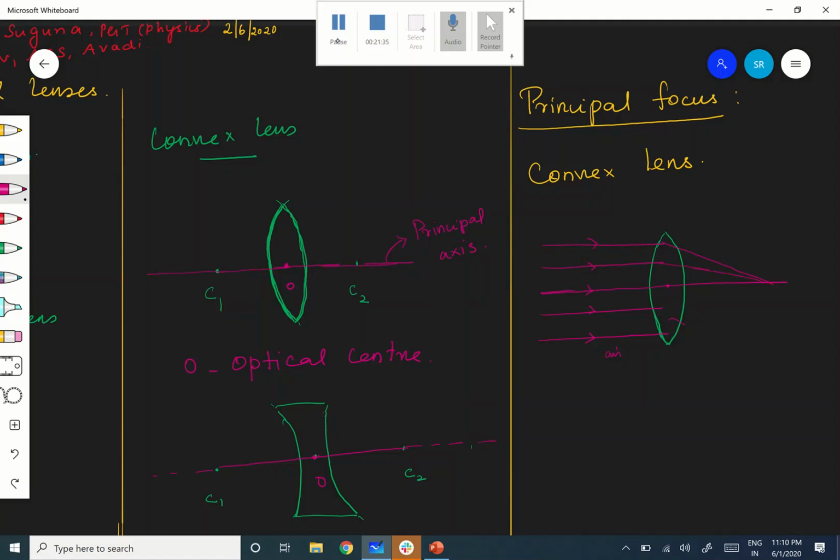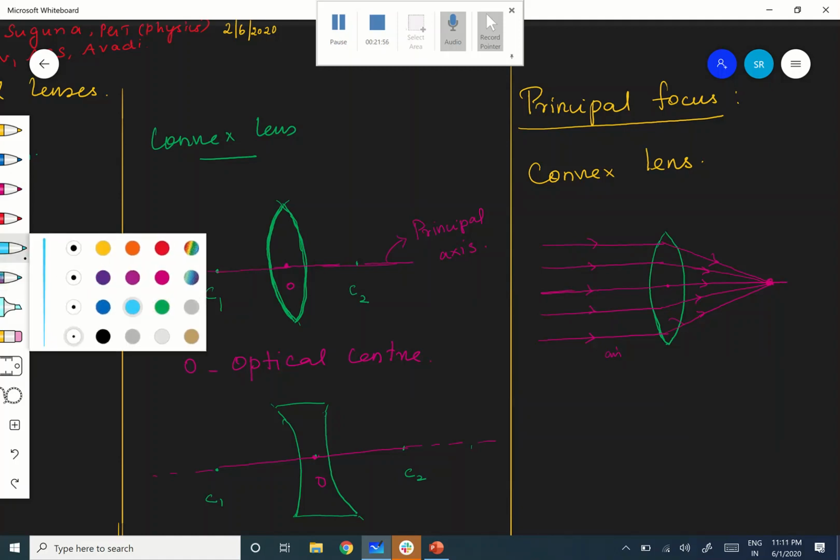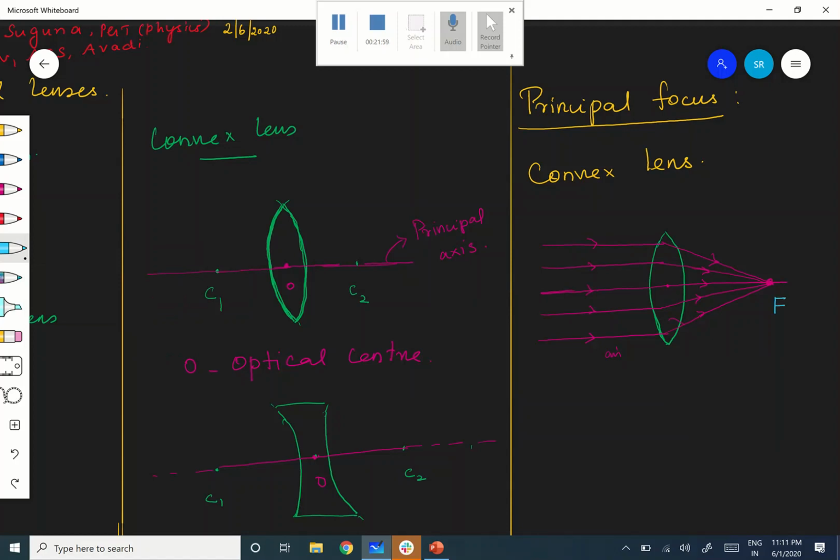After refraction by a convex lens, the rays will converge at a point lying on the principal axis, and that point is what is called the principal focus, F. That point is what is called the principal focus of a convex lens. F is the principal focus of which lens? Convex lens.